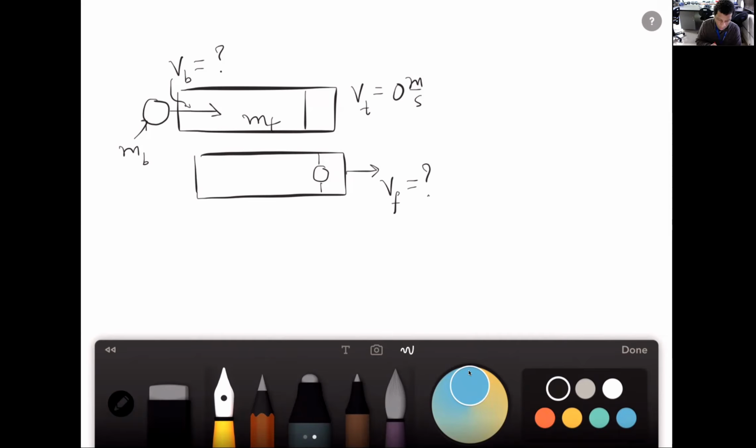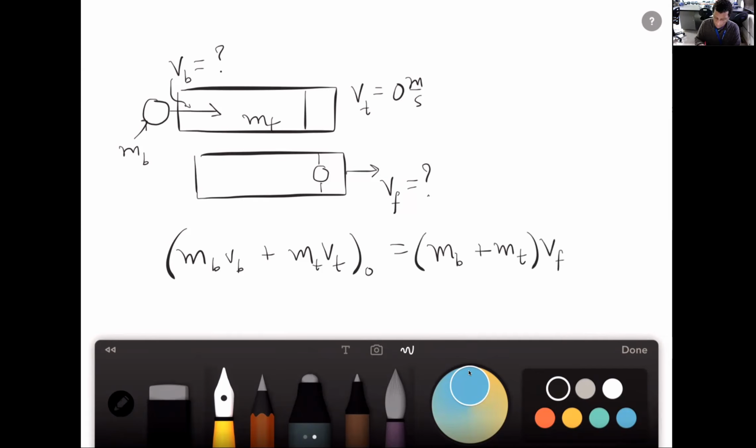So if I rewrite our equation, mass of the ball times the velocity of the ball plus the mass of the tube times the velocity of the tube, in the initial condition, we end up with this equal to the mass of the ball times the final velocity. Instead of writing all of that, mass of the ball plus the mass of the tube, we can factor this out, times the velocity of both the ball and the tube.